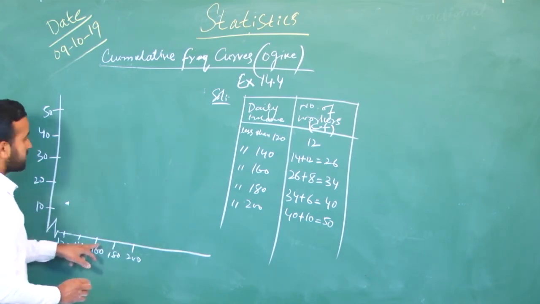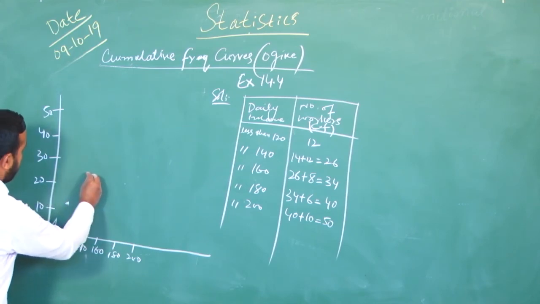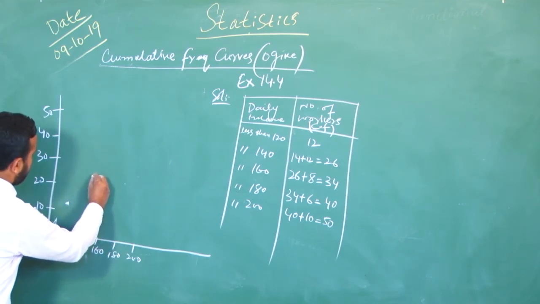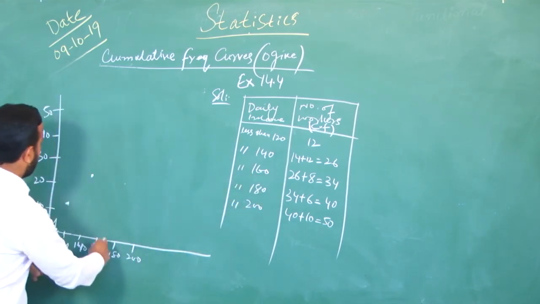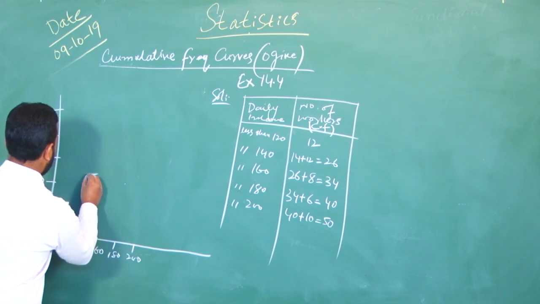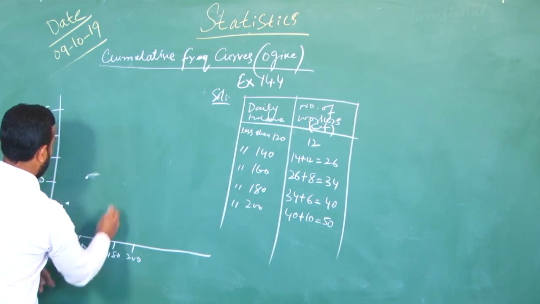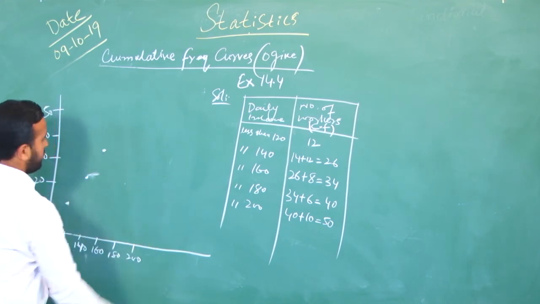Now next value, 140 and 26. It will be midway somewhere here. Then 160 and 34. 160 is here, and this value lies somewhere here.